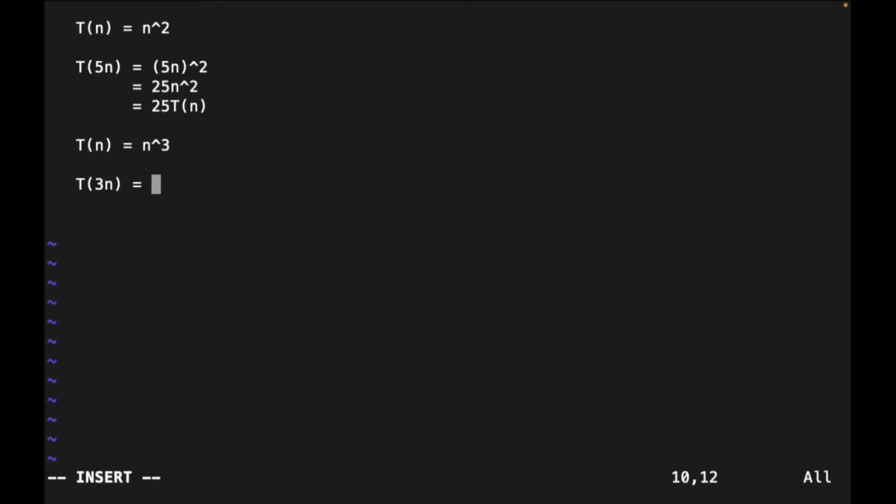Yeah, 27. That's because 3 cubed is 27. So let's work it out. T(3n) is going to be (3n) cubed, and that equals 27n cubed, which equals 27T(n).